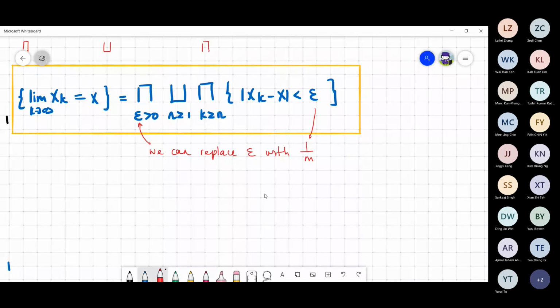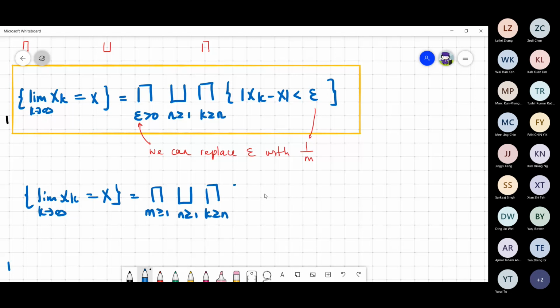So if we do that, that means we can also say the limit of xk equals x, k to infinity, is equal to the intersection of, okay, we are saying 1 over m, so over all positive integers m. Maybe I'll put a different color. You can see everything is exactly the same. It's just that we replace epsilon with 1 over m. So 1 over m larger than 0, so m is greater than or equal to 1.